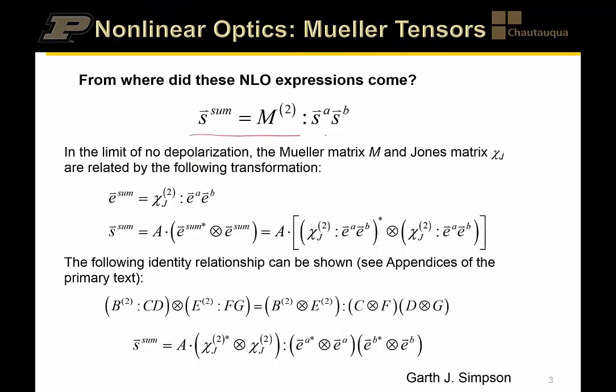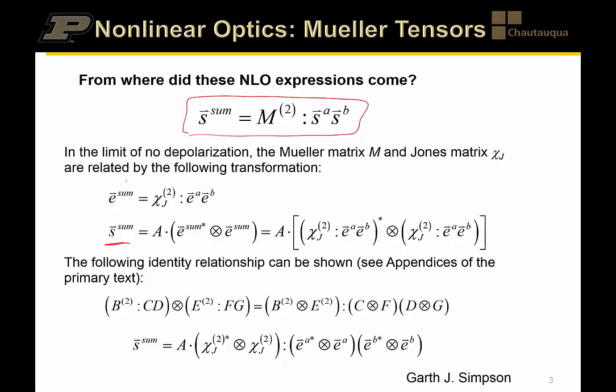Well, this is our starting point. This is really the definition of the Stokes tensor, the Mueller tensor for Stokes inputs and Stokes outputs. And we're going to use the exact same approach we took before. We know that we can make the Stokes vector for the sum frequency by taking this transfer matrix A and multiplying it by the Kronecker product of the electric fields.